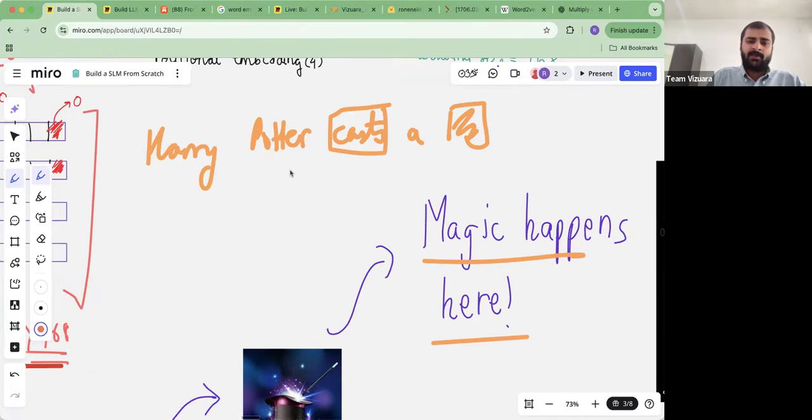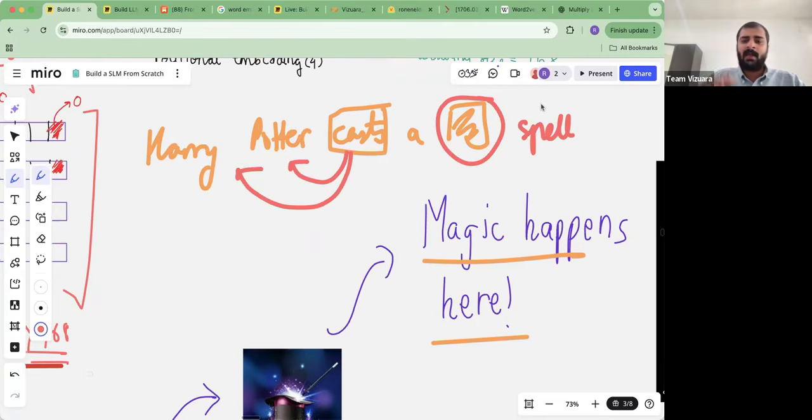But if it knows its neighbors are Harry and Potter, it might have a better sense that the next token is spell, like casts a magic spell.